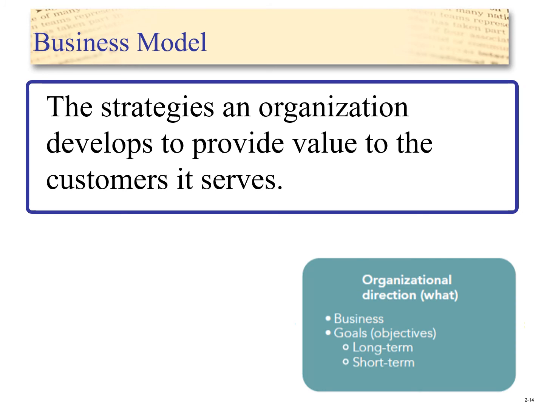This model really tells us what can provide value to the customers, and that's what business model is about. We create a business model, which means what we are going to do to provide value to our customers. So the strategies involved are a part of the business model.